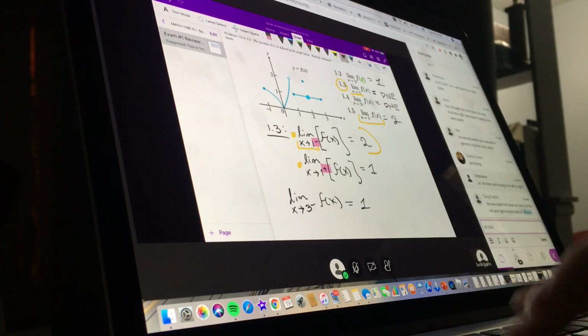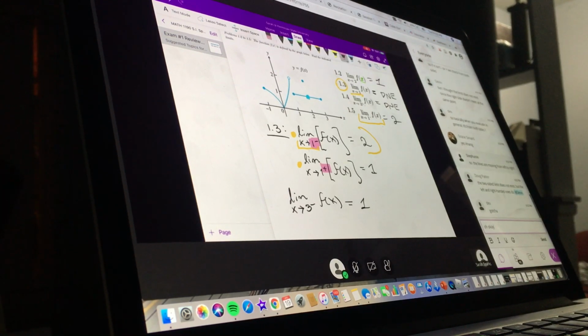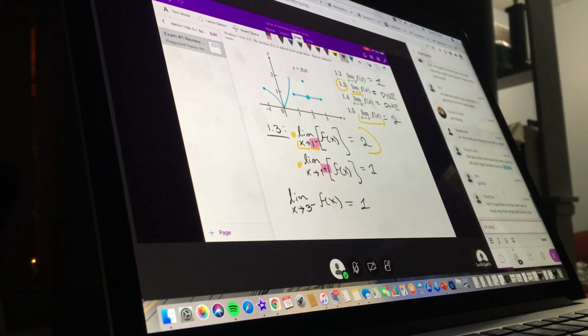So we're going towards 1 from the left side of the graph. If there's a plus, that means we're going towards 1 from the right side of the graph. So if it's specified with a minus, we only check from the left. If it's specified with a little plus, then you only have to check from the right side of the function.